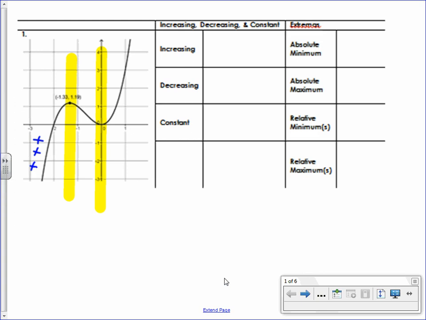Okay, so if this is what we've got right here, we would say that this would be an interval of increase, right? And then we'd be able to say we've got increasing here. For this very short part right here, he's decreasing.